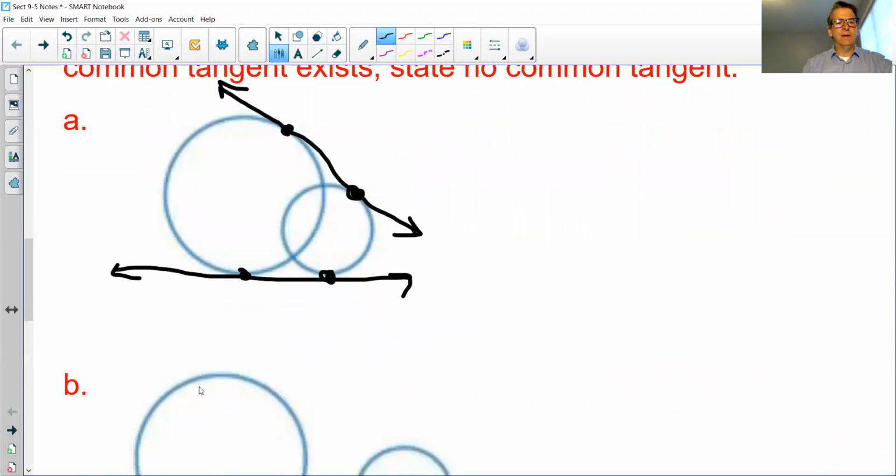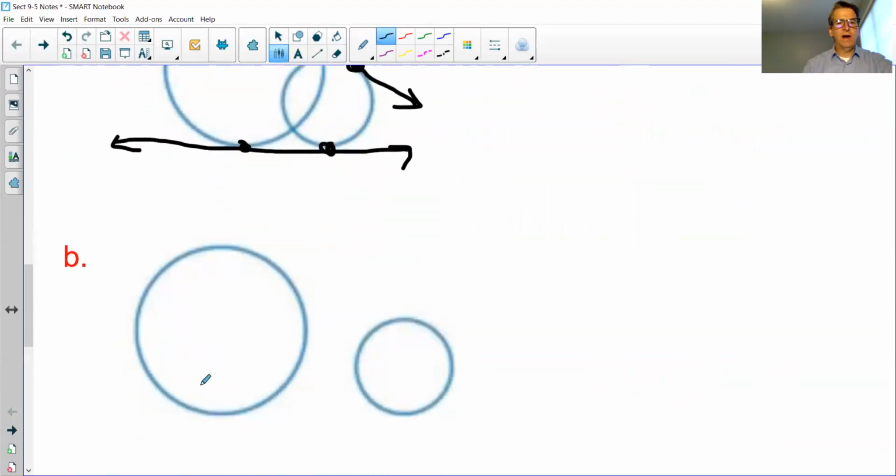Letter B, take a look. Two circles, quite a few here, so let's do this one first. We'll do the bottom one.